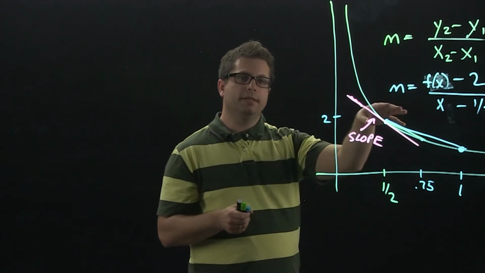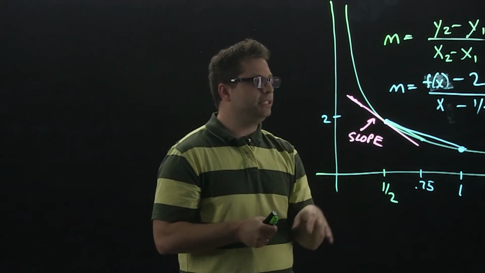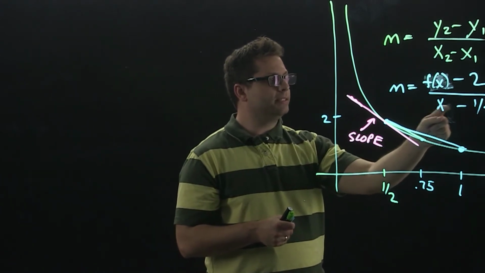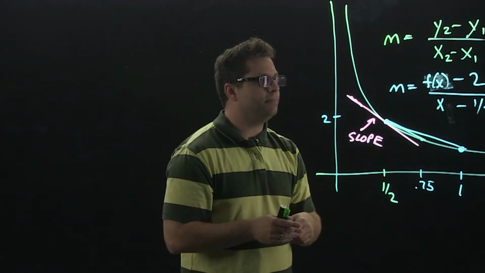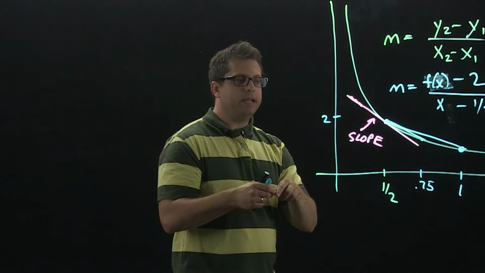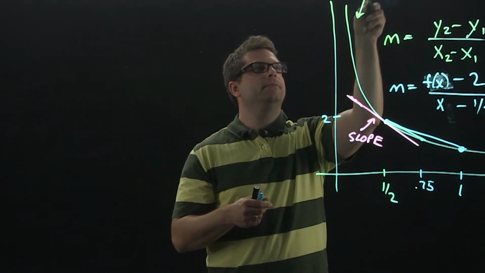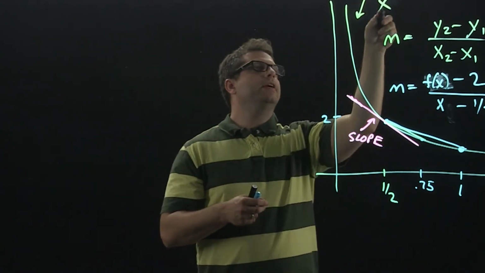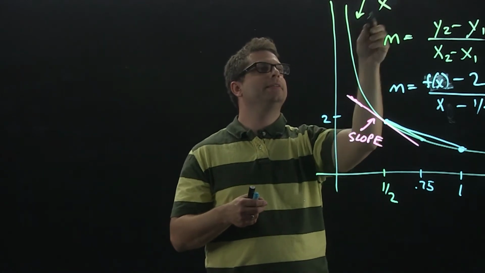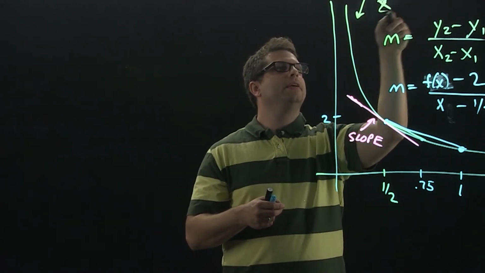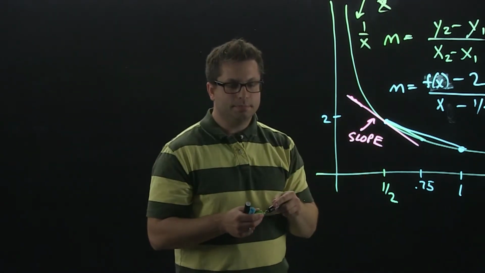So that's a formula that will generate all the slopes of the secant lines. We're just going to keep letting x get close to 1/2 and we'll see what happens. This function is 1 over x.